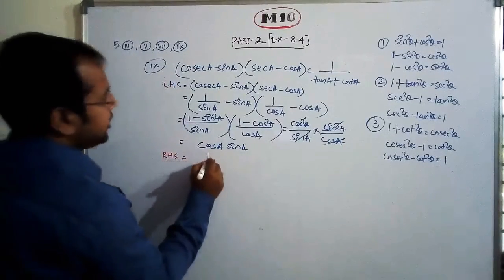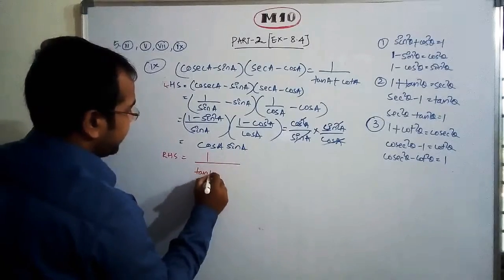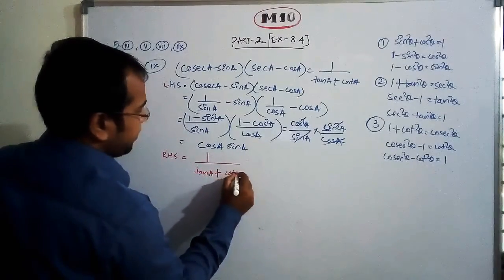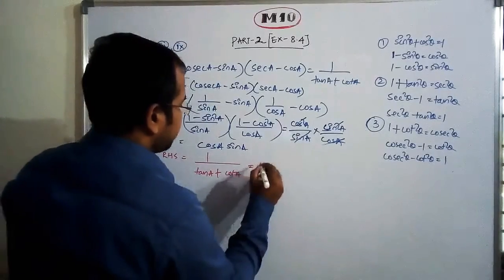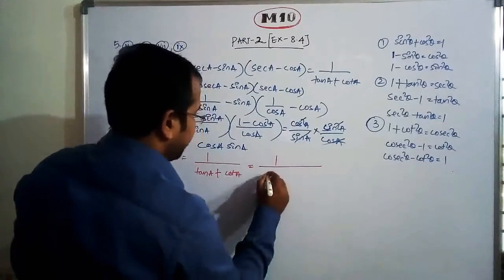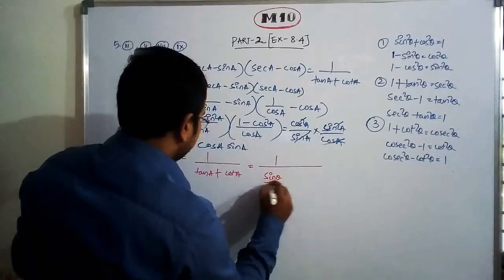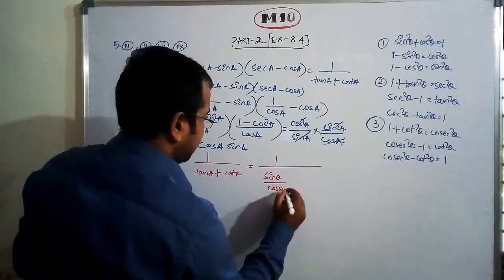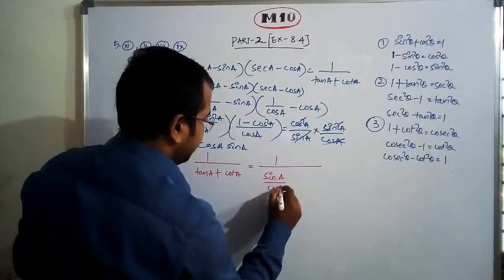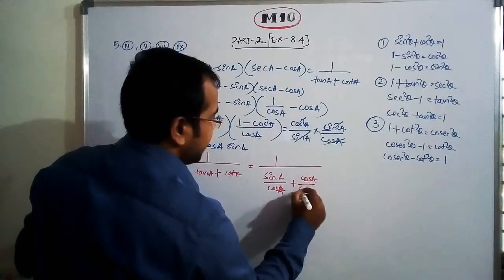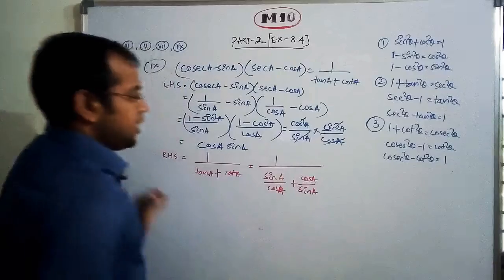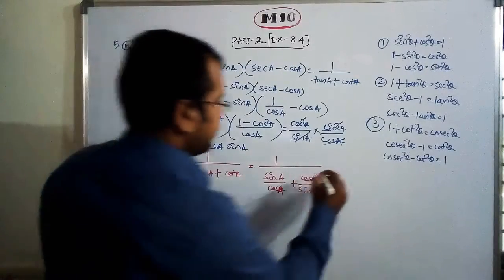From the RHS side you have 1 by tan A plus cot A. Again convert it into simpler trigonometric ratios, that is sin and cos. 1 divided by sin A divided by cos A plus cos A divided by sin A. Take here the LCM. What will you get?